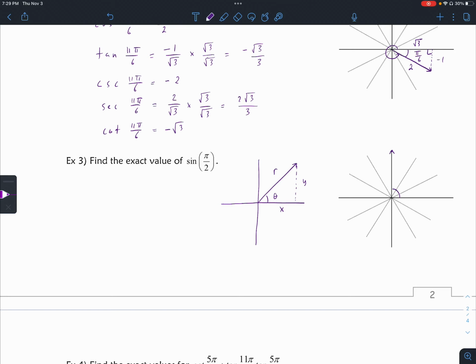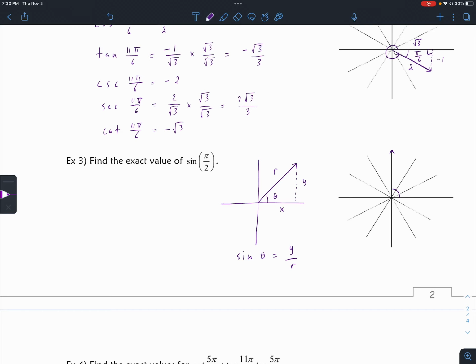So that means that sine of angle theta is opposite, which is y, over r, the hypotenuse.